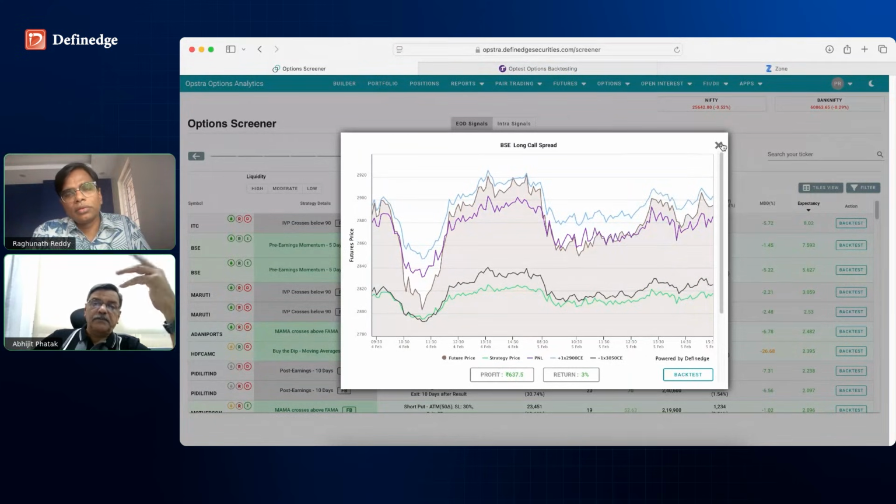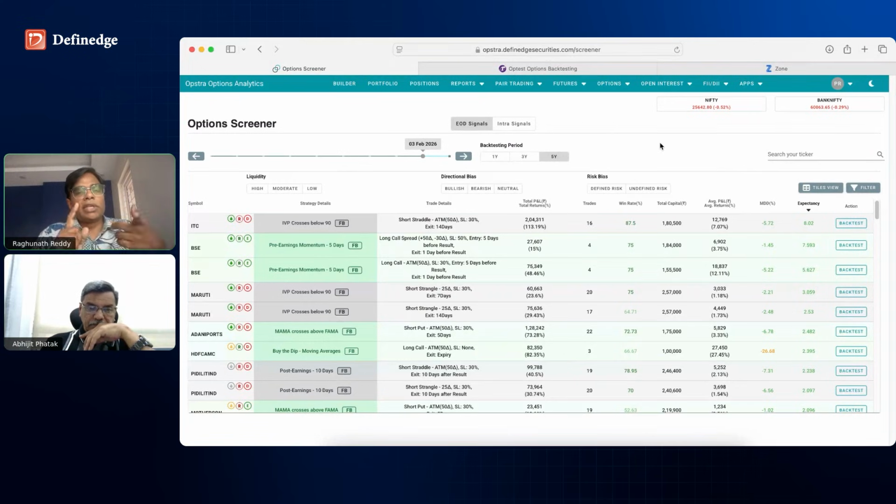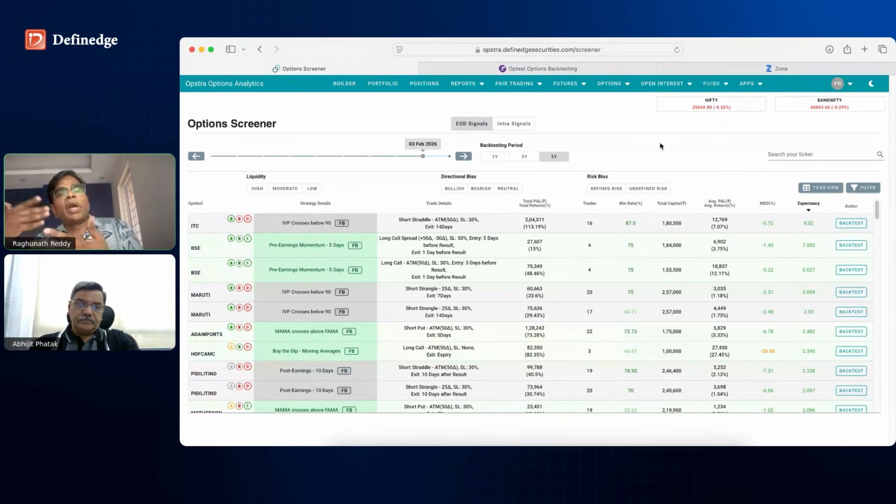Out of 200 symbols, it filters out what can be the best trades possible for that day. So you have readily available signals, strategy, backtesting, everything is already done for you. All you have to do is watch out, and if you have an additional filter above that, maybe you're not satisfied.